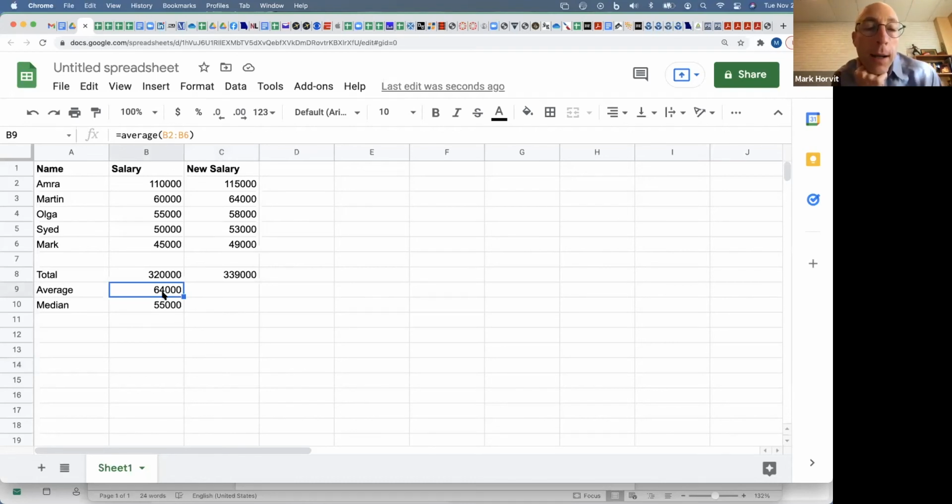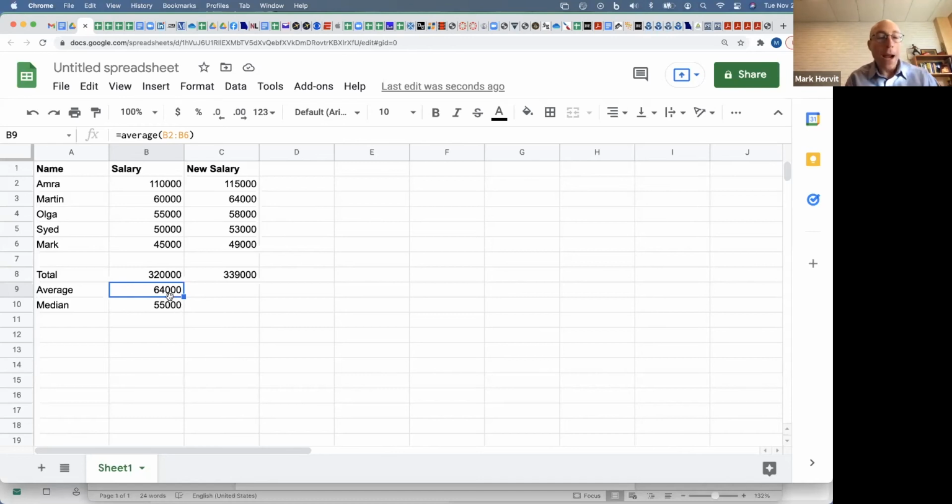Remember, we were talking earlier that while I see 64,000, the computer up here sees the formula, and that's the key. I see a number, but the computer sees the formula. So if I copy this cell and paste it, I'm not copying and pasting the number, I'm copying and pasting the formula, and the formula will automatically adjust to know that it's in column C instead of column B, because the computer is smarter than me.